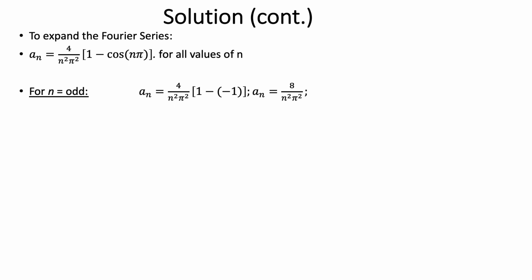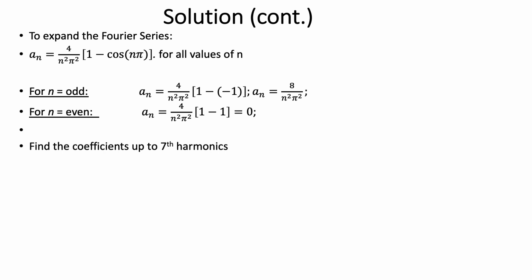Therefore, An equals 8 over n squared pi squared. For n even, our An will be 4 over n squared pi squared times 1 minus 1, which will give us 0. And we proceed with finding the coefficients up to the 7th harmonic.